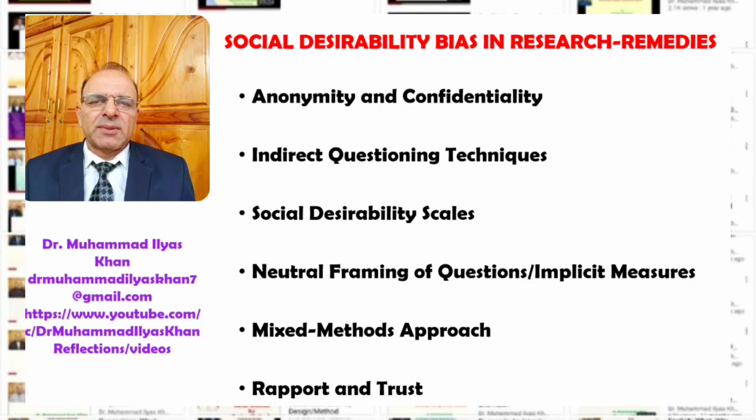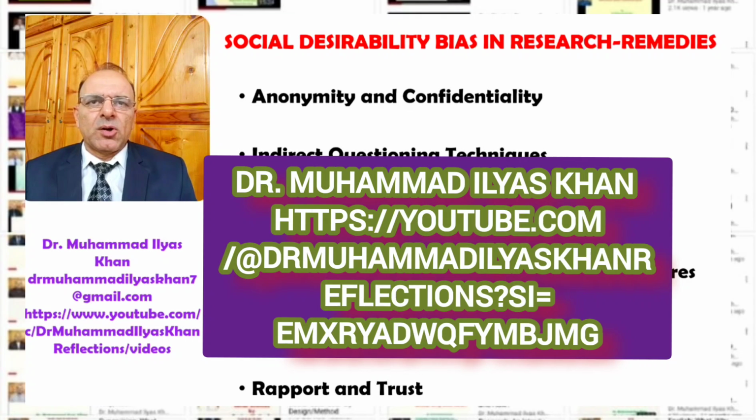Lastly, social desirability bias, as we know, is dependent mainly on the respondents' responses to questions. That is why if there is more rapport and trust between the researcher and the participants of the research, the respondents will be more open and more objective in their responses to questions.